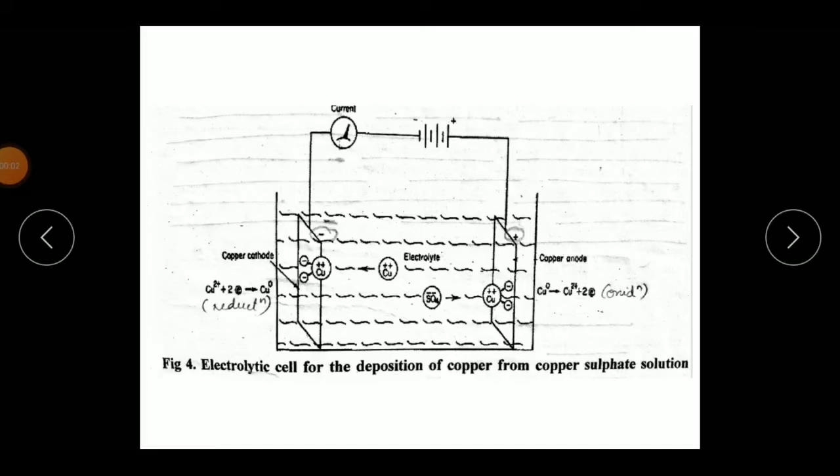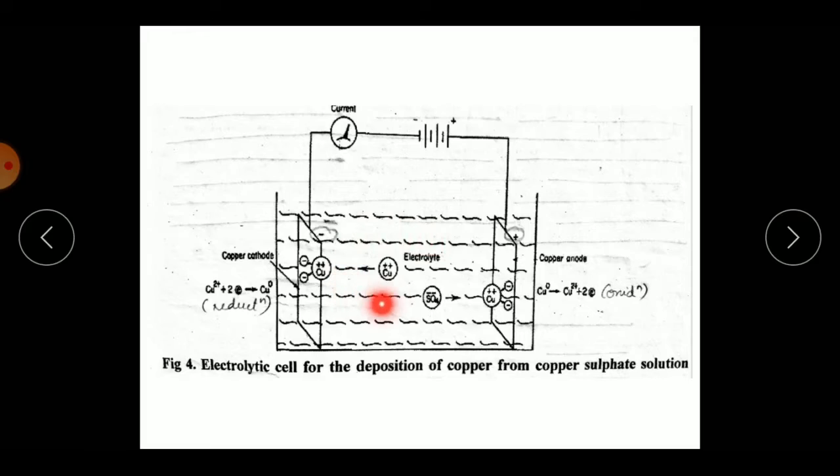So here we look into the simple electroplating system for the deposition of copper from copper sulfate solution. So here you can see the diagram that is given as electrolytic cell for the deposition of copper from copper sulfate solution. Here you can see Cu2+ and SO4 2-. So this solution that is shown here is your electrolytic solution. It will contain positively charged Cu2+ as cations and SO4 2-, that is your sulfate ions, which are anions. So what will happen when you supply external electric current?